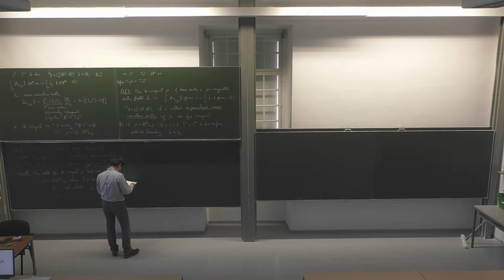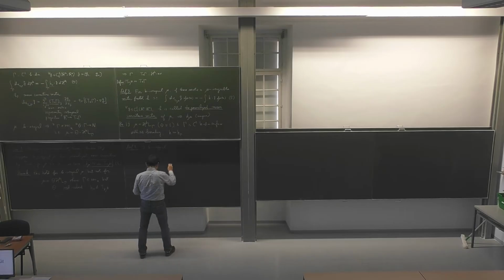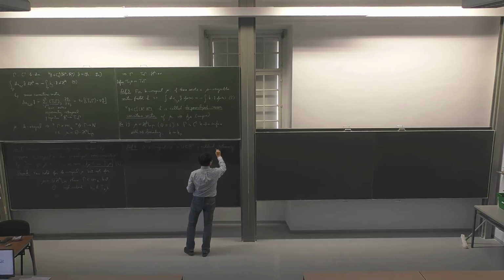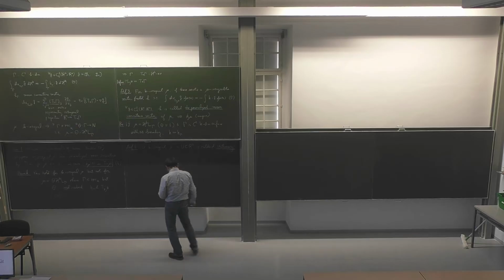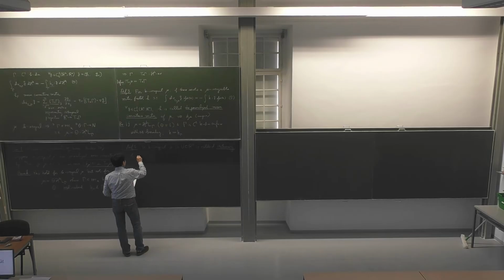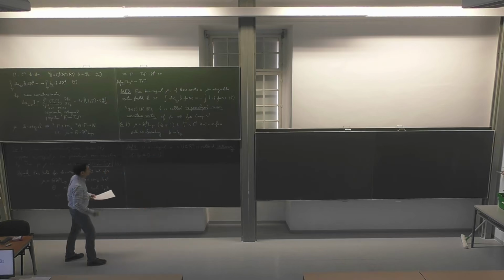So let me just quickly mention that if a k integral measure mu in U, let's say in R^n, has generalized mean curvature equal to 0 in U, it is called stationary.